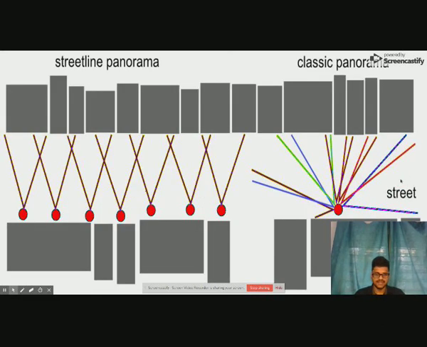So let us understand this with the help of an example. Suppose we want to capture this street and we need to construct a linear panorama and a cylindrical panorama. A person who wants to construct a linear panorama will move parallel to the buildings, keeping his depth constant from the building, and take multiple shots. Whereas a person who wants to construct a cylindrical panorama will stand at one point and rotate the camera to capture the images.